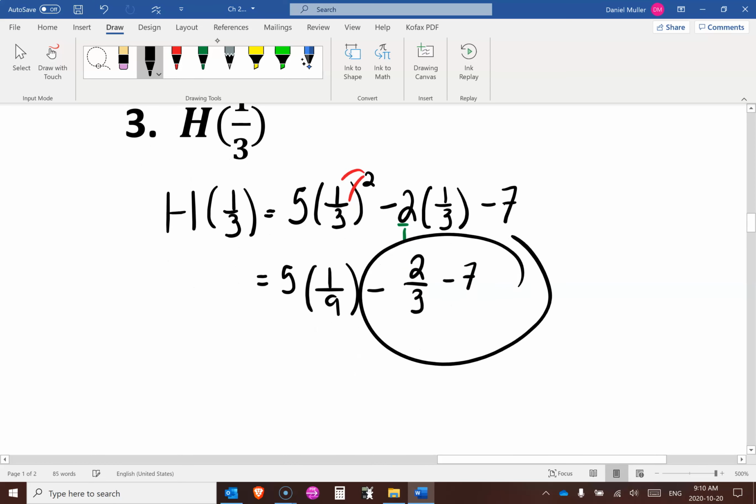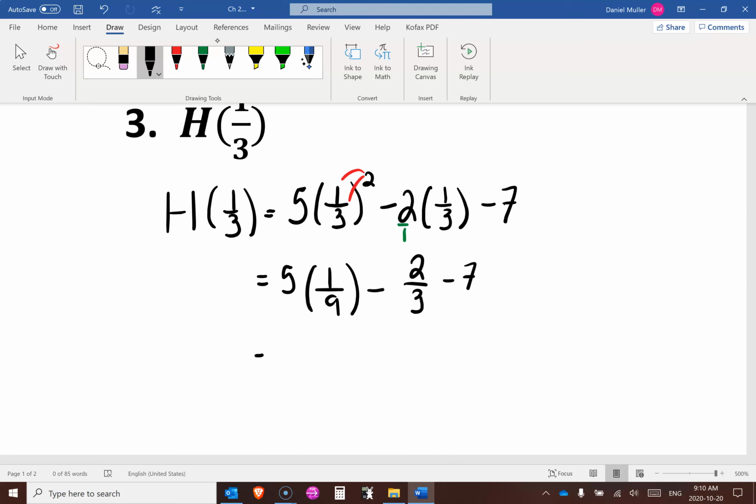I'm going to need a common denominator to add those two numbers together, but we might as well just deal with this part first. This is over 1. So 5 times 1 is 5. 1 times 9 is 9. Minus the 2/3. Minus the 7, which I guess is also over 1.